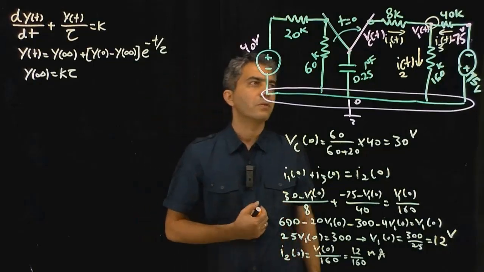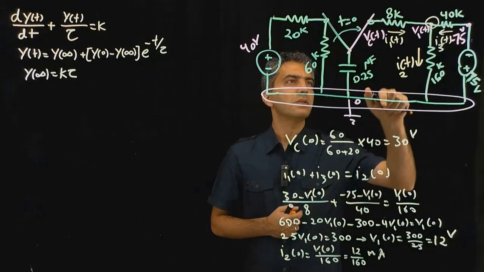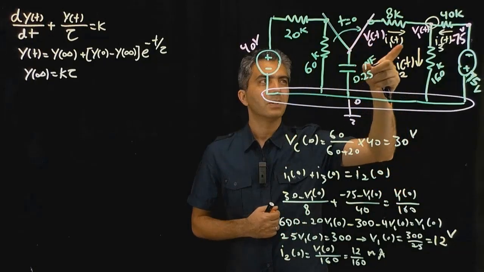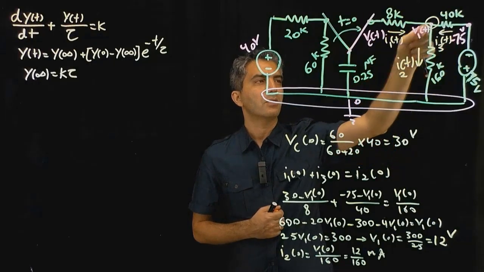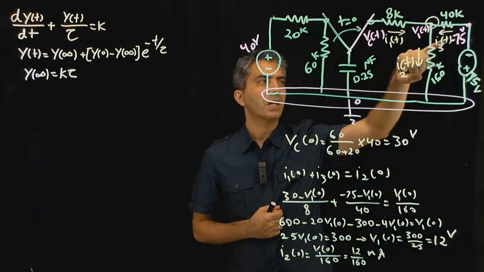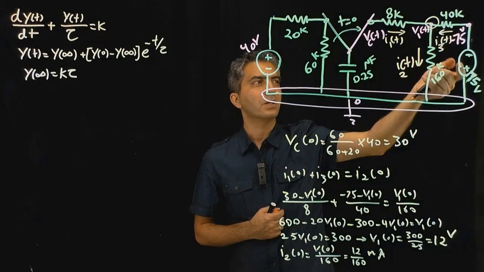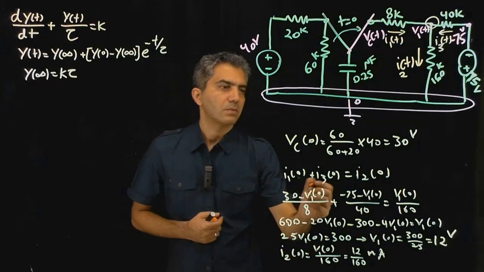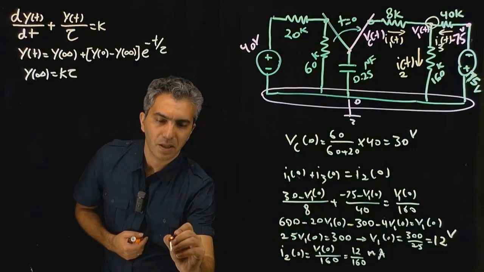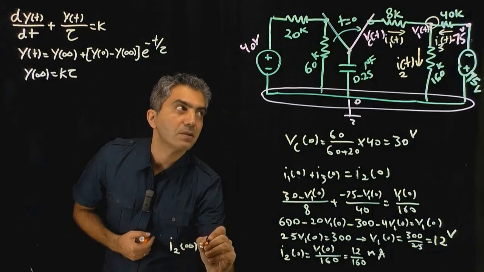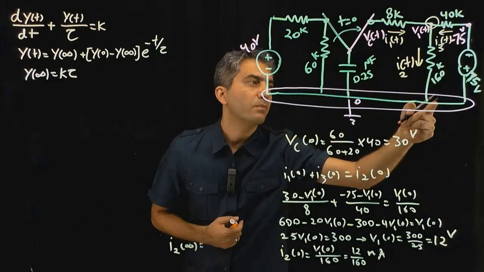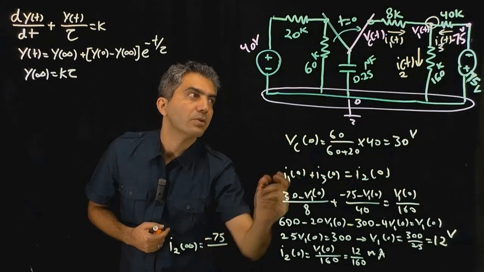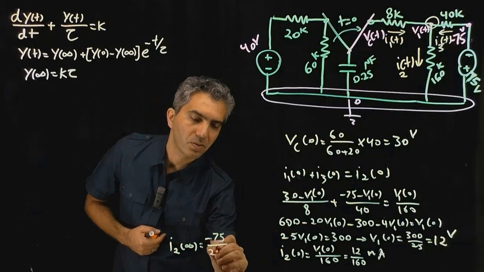Now I move on to I2(infinity). Now, I2(infinity), relatively simple. Again, if you wait long enough, this turns into an open circuit, right? So this part is gone. This is the only circuit that you have, and I2(infinity) at that point is equal to I3(infinity), and it's just the voltage divided by all the resistors, right? So quickly, I2(infinity) is equal to minus 75 minus 0 divided by 160 plus 40, which is 200.